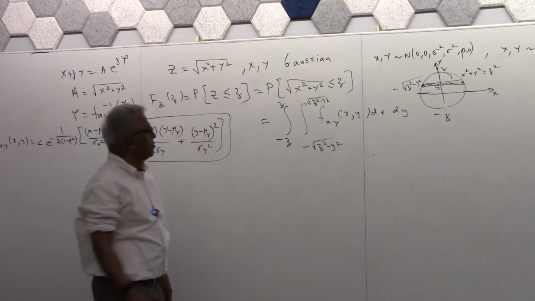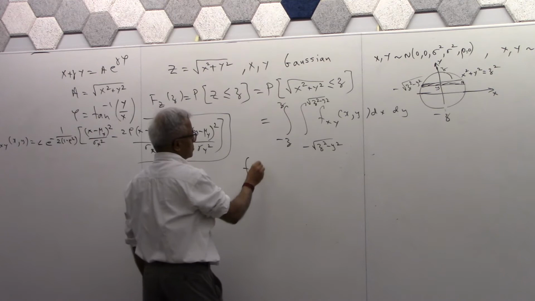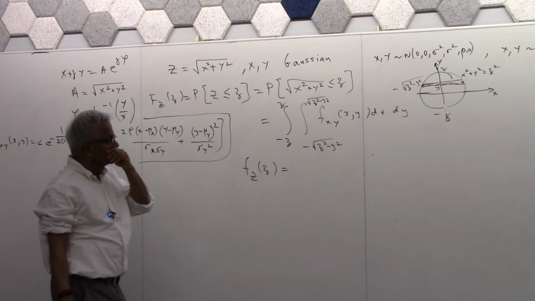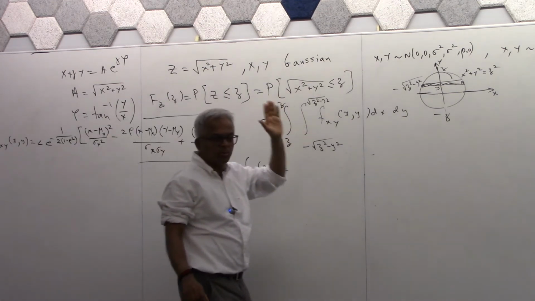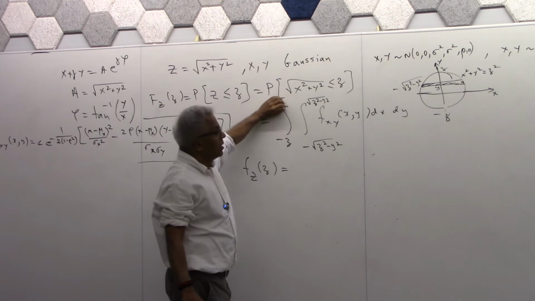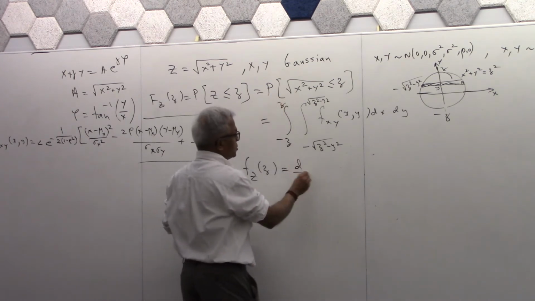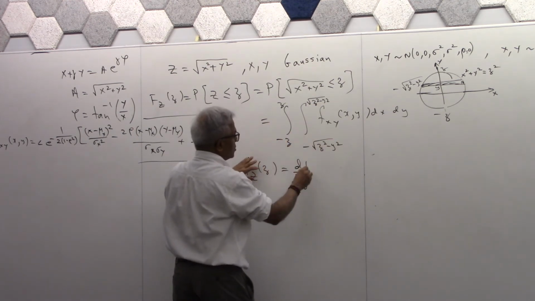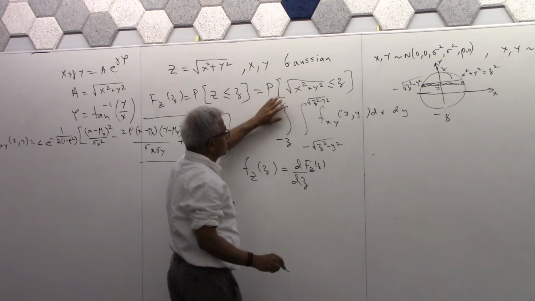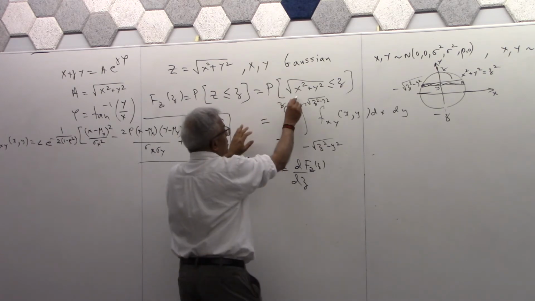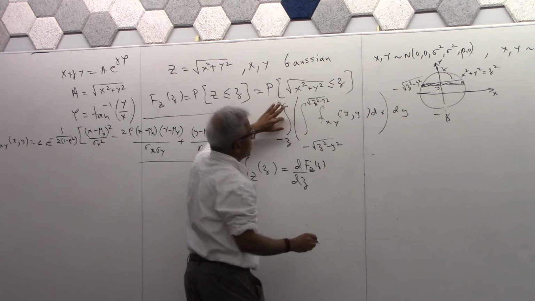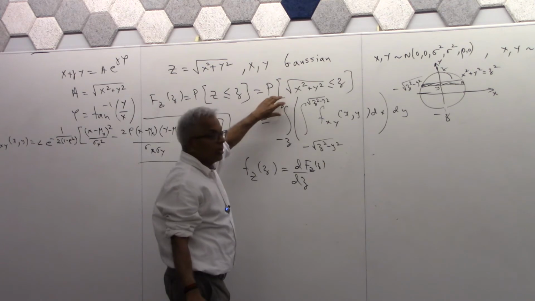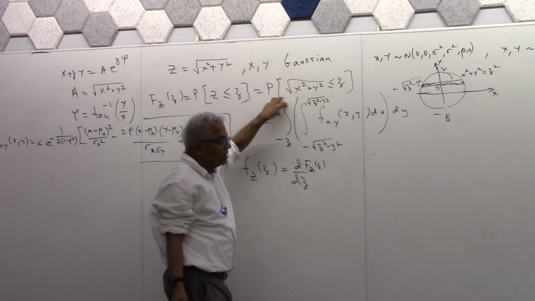The problem is to take the derivative of this. Z is all over, so we have to do it step by step. Remember, there are too many variables, x, y, z, but the derivative is with respect to z. Let's take the derivative with respect to z. This outer integral is with respect to y, the inner integral is with respect to x. The derivative of the upper limit is 1, that's easy.